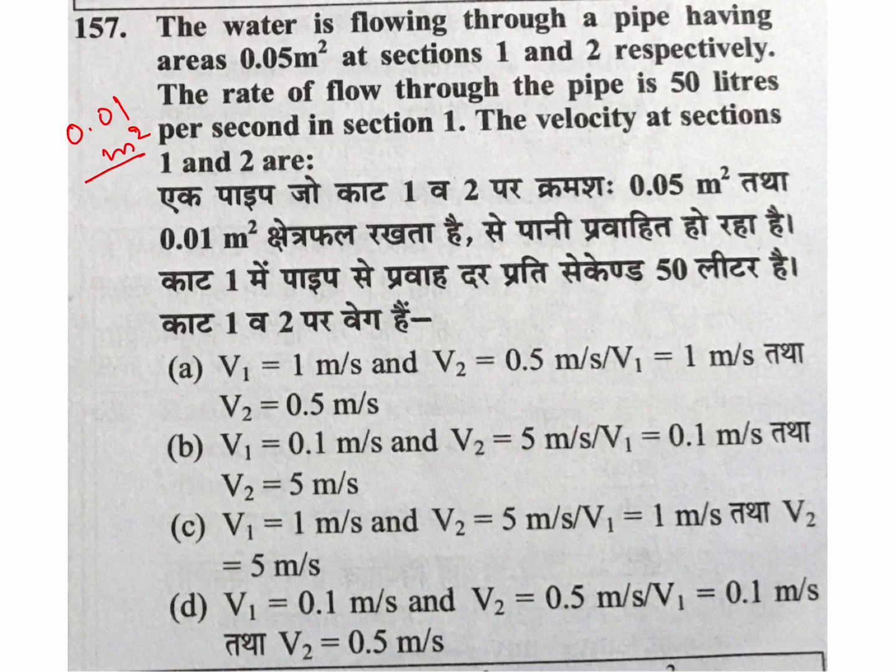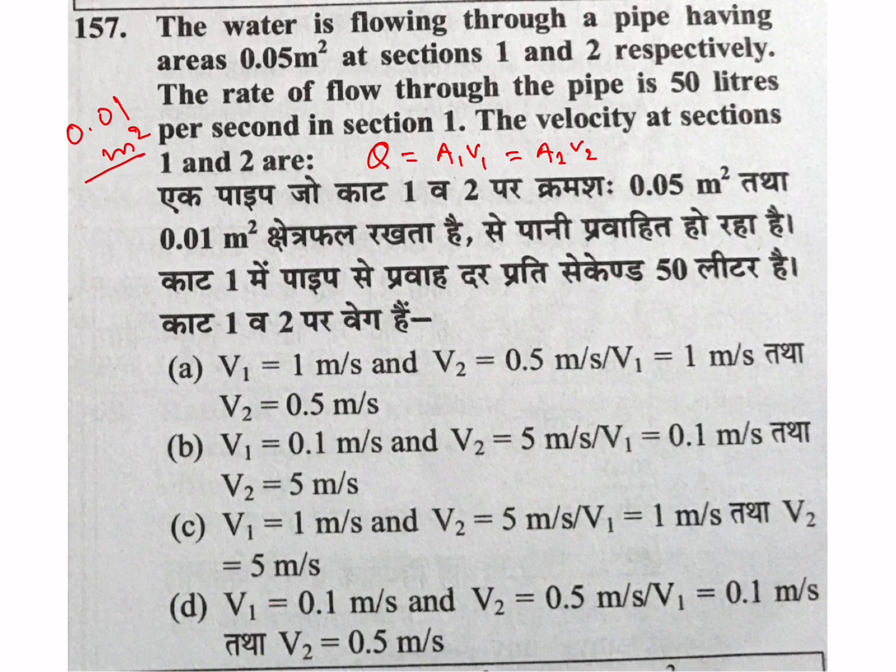If you follow the continuity equation, Q equal to A1 V1 equal to A2 V2. The same quantity of fluid flowing in section 1 you will get in section 2 also. Then you have to calculate V2 and V1.